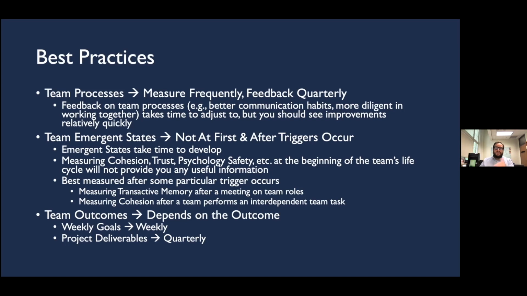Team outcomes, the timing of these measures depends on the outcome. As we talked about before, with your, say, graduate student, weekly goals should be measured weekly, but progress towards deliverables as a whole should be measured quarterly. It all depends on the time sensitivity of the outcomes in mind.